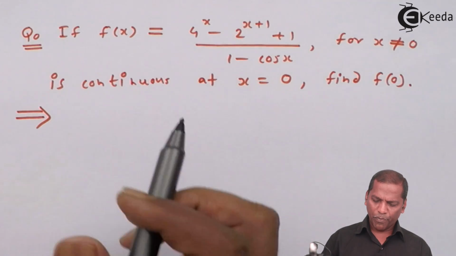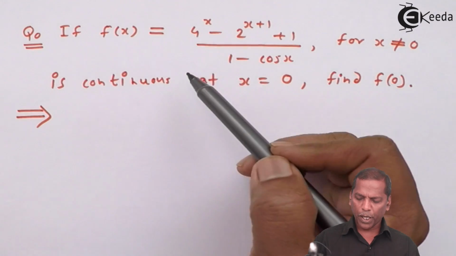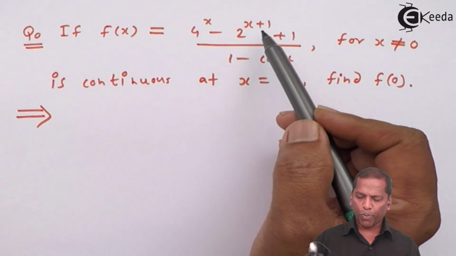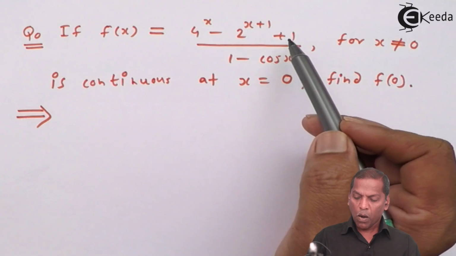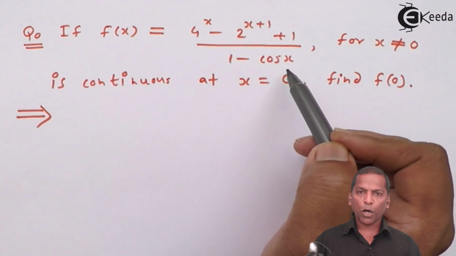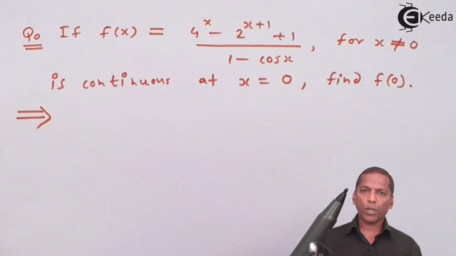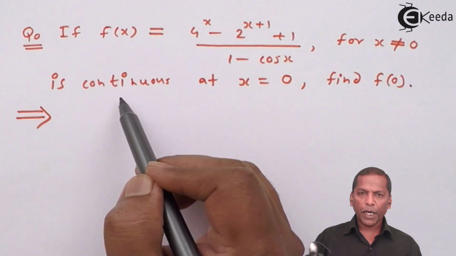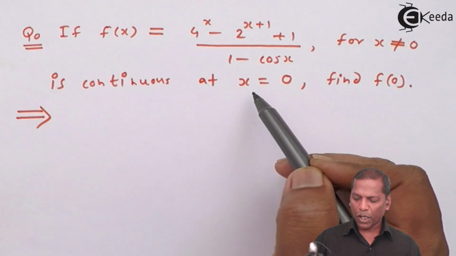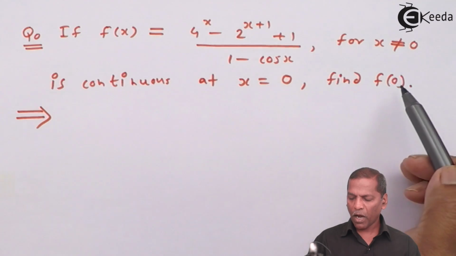The question is, if f of x is equal to (4^x minus 2^(x+1)) totally divided by (1 minus cos x), for x not equal to 0, is continuous at x equal to 0, find f of 0.